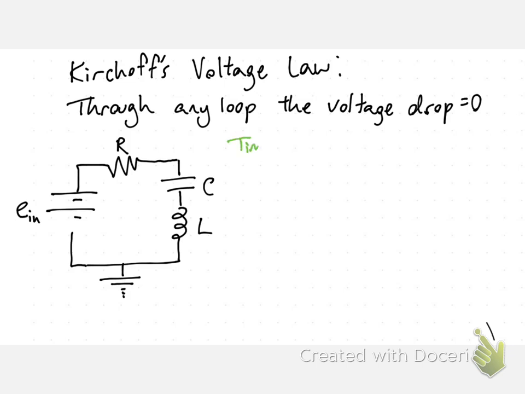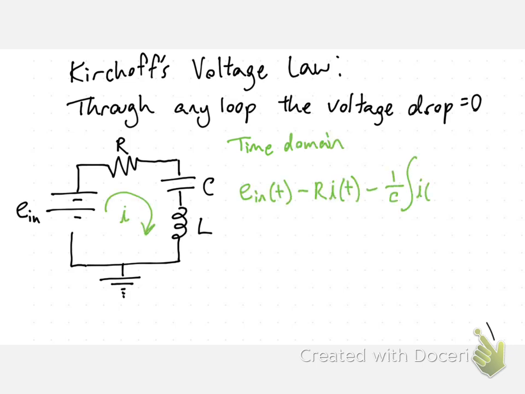Through this loop there is a current, and we could represent it in the time domain with this law as our voltage in minus our first voltage drop through the resistor, R i(t), minus our second voltage drop through the capacitor, 1 over C times the integral of i(t) dt, minus the voltage drop in the inductor, L di dt. So we have a battery which adds voltage, and then we have elements which cause voltage drops.